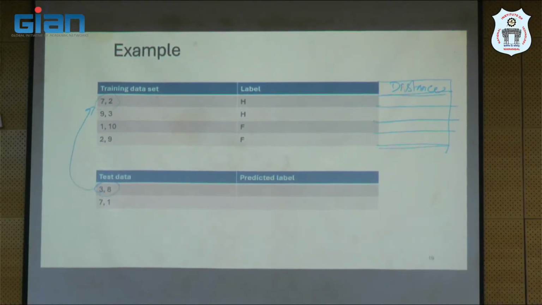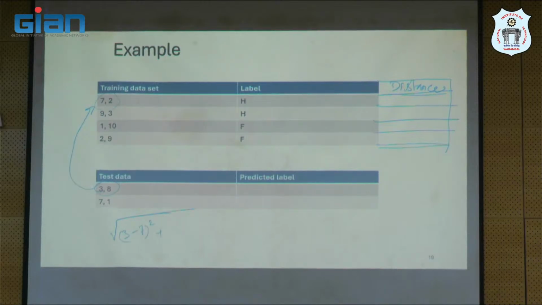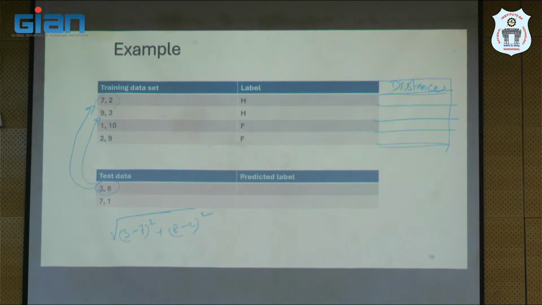So under root, 3 minus 7 square plus 8 minus 2 square. So you get a measure. Enter that here. Likewise, 3,8 with respect to 9,3. Calculate the distance, enter the measure. Is the thing clear?